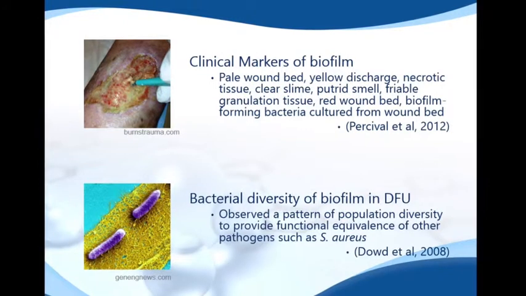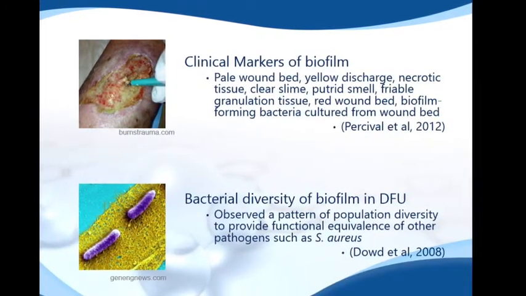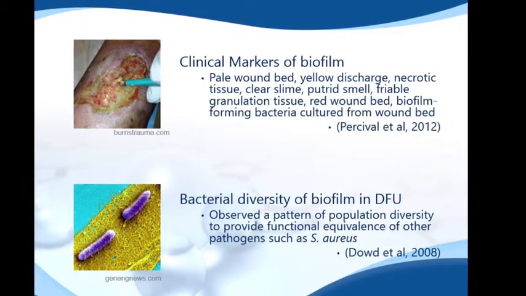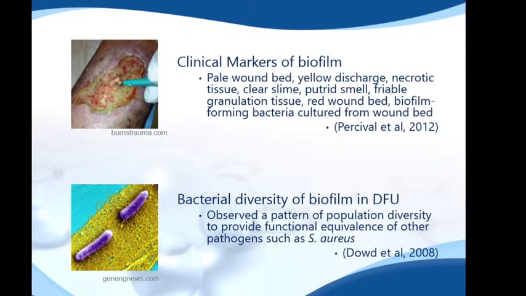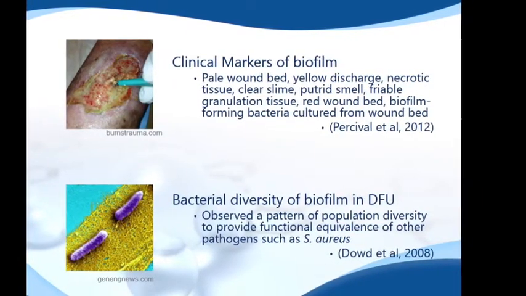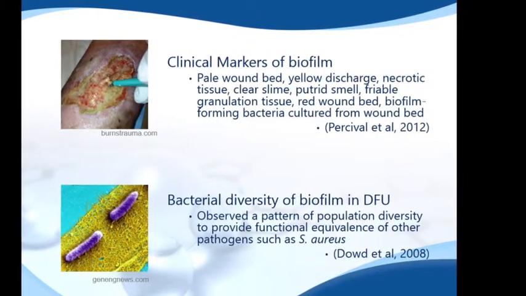Biofilm plays an important role in wound colonization, infection, and non-healing because it is able to produce quorum-sensing signaling molecules, which allow it to communicate within the cell. It is able to grow, mature, and protect itself. Once established in the wound bed, it is highly tolerant to removal and eradication.